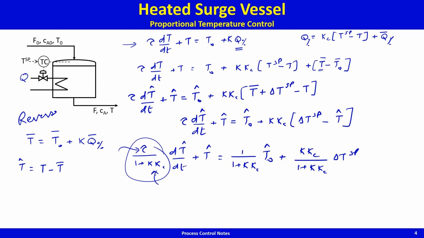What is the value of kc that you're using? The gain with respect to t naught is dependent on the controller tuning parameter. The gain with respect to delta t sp is also dependent on the controller tuning that is being used.